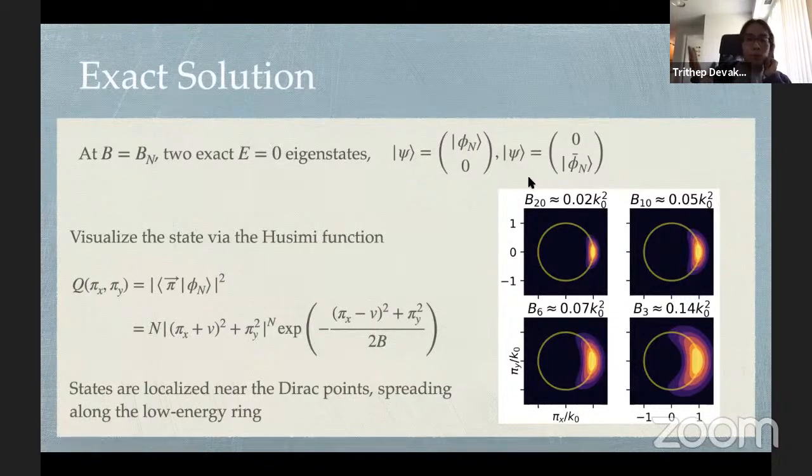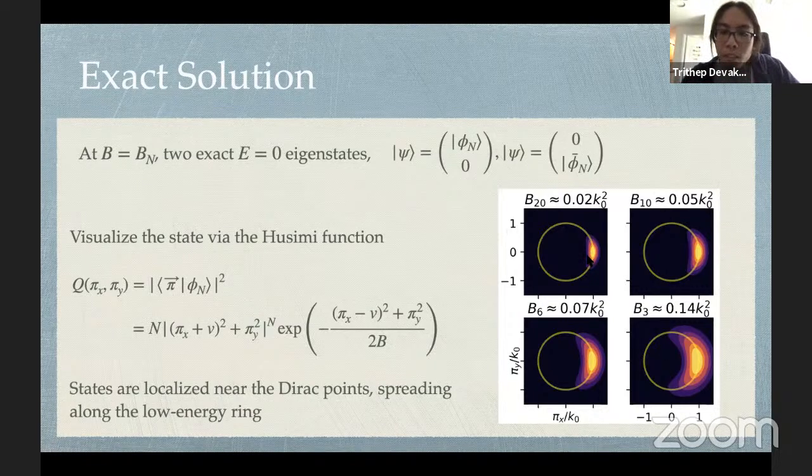We can ask what they look like, and you can do that by computing the Husimi function, which is just the overlap of the state phi n with a coherent state that's localized at some momentum pi x, pi y. And this takes on this simple form where you just have some polynomial in pi x and pi y raised to the nth power, and there's a Gaussian, and they're shifted. This is shifted by plus v, and this is shifted by minus v. And if I just plot this as a function of the field, that's what I've shown here.